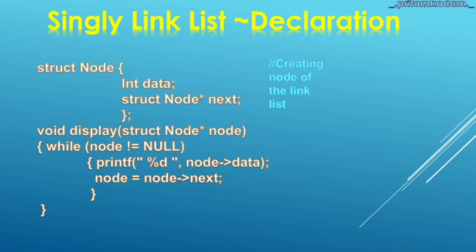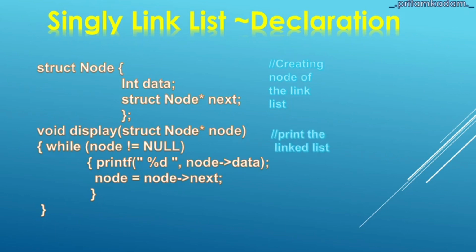So till the end of the linked list we have to display the elements. So printf %d means the data element is printed on the screen, and then node equals node next, means this statement increments the element position. Okay, this is the print of the linked list.